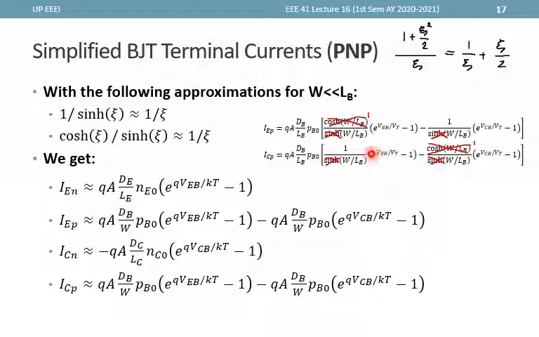So now, since we have 1 over W over LB, LB can be seen as if it is at the numerator, so that LB will cancel with this LB, and so as this one.